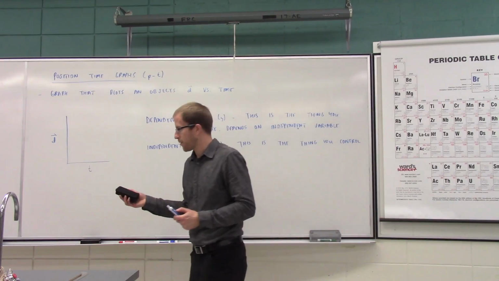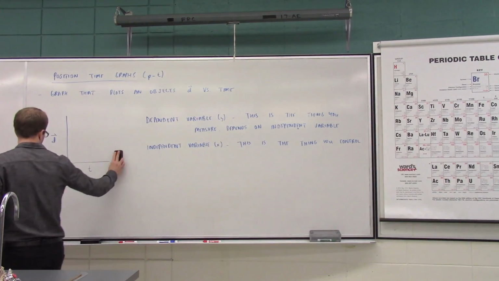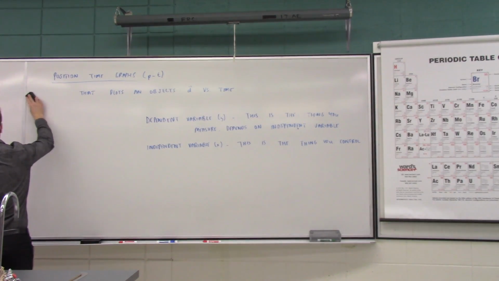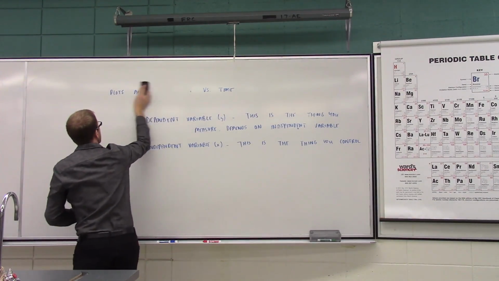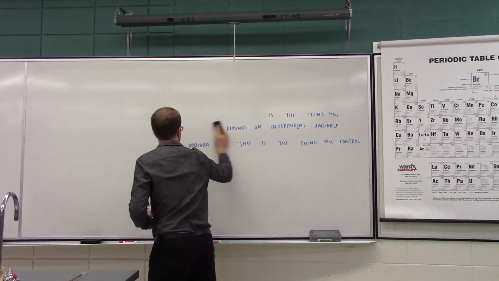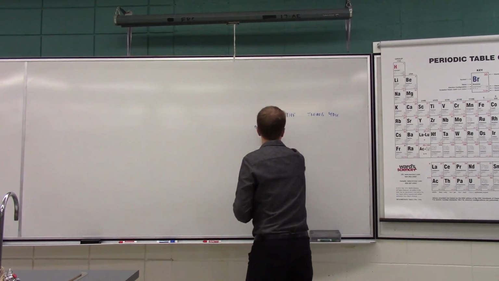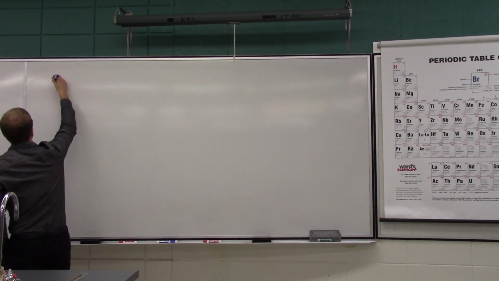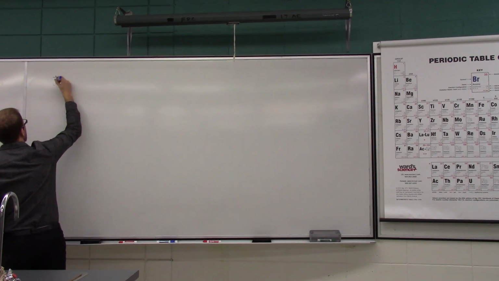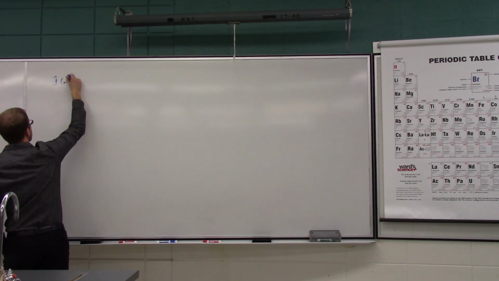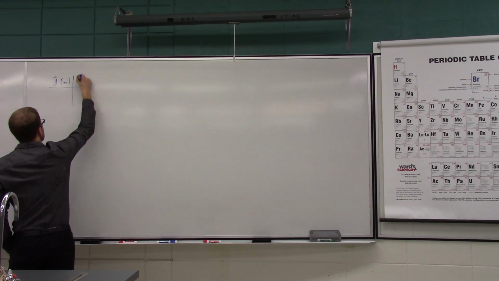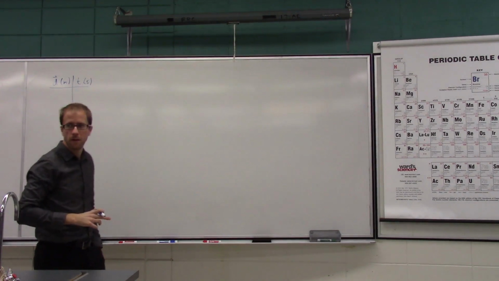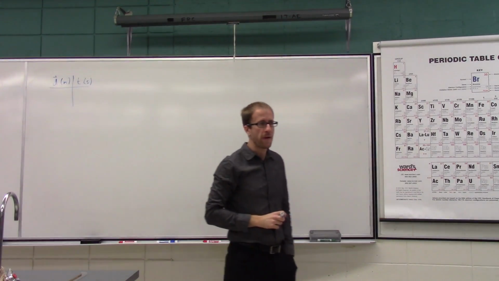Let's actually make some graphs now. By the way, when you're plotting points on a graph, how are they often given to you? Have you guys ever heard the term ordered pair before?